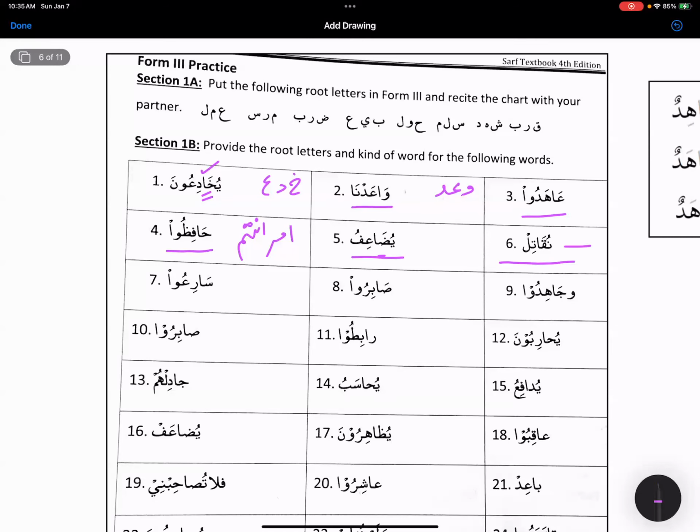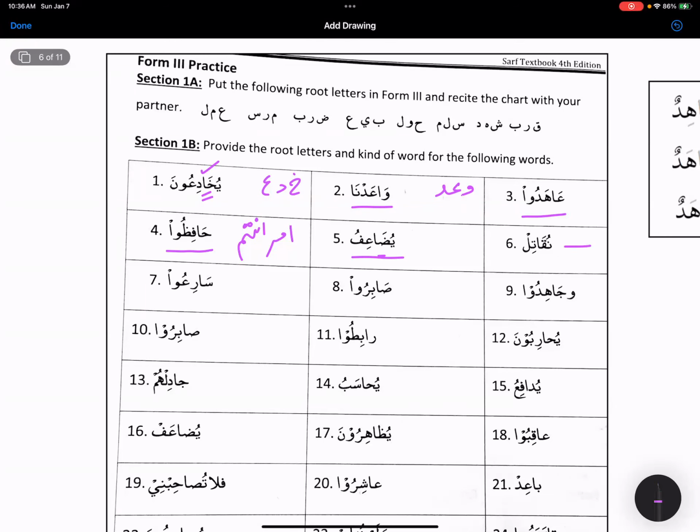So that's why we use it over here. Qatala yuqatilu, nuqatil. And the Amar would be qatil. So there should be something which is making it majzoom basically.